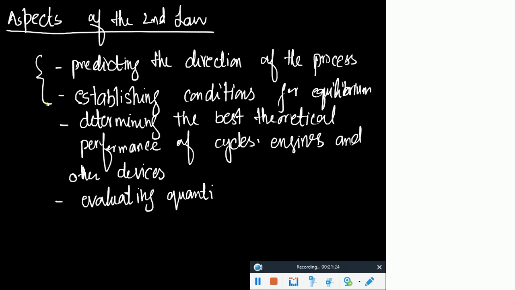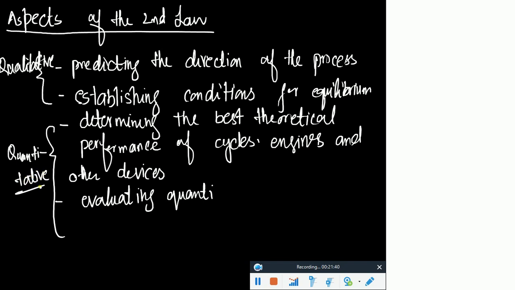Okay, so we would talk about that quantitative analysis. This is something which is qualitative, which are qualitative aspects, and these are something which are quantitative. Now you have started talking about numbers. So performance of cycles, engines and other devices, and then you have this point evaluating quantitatively.